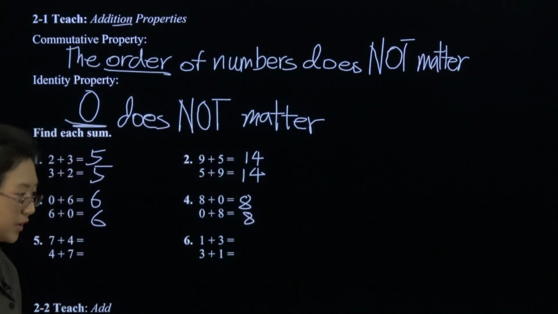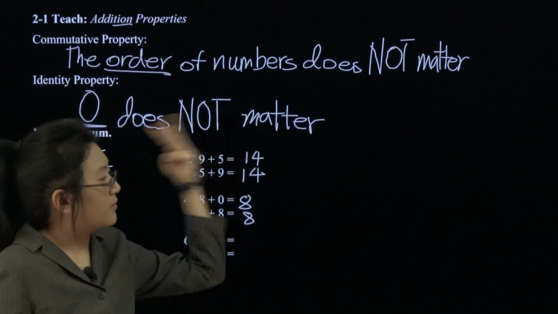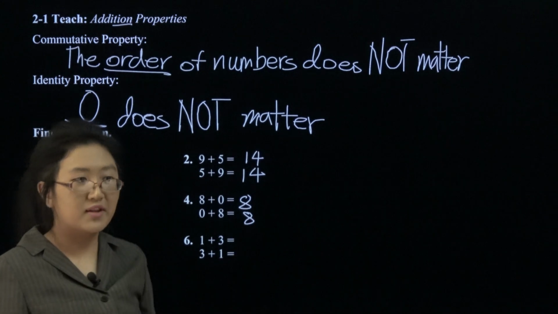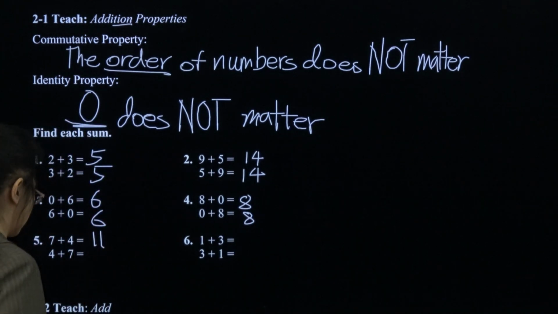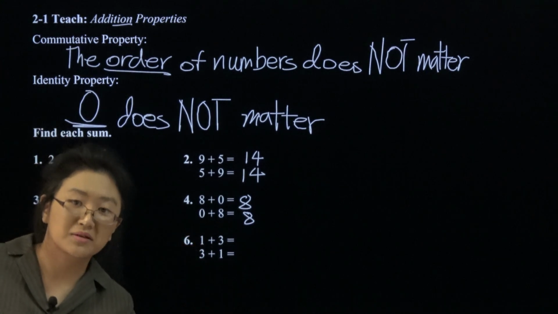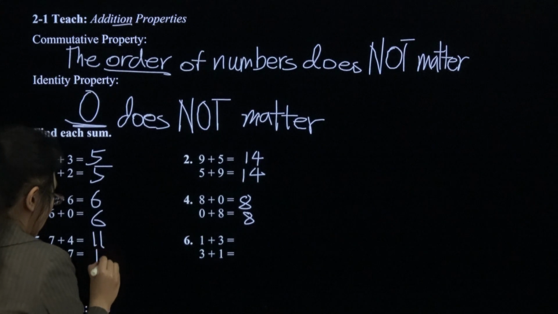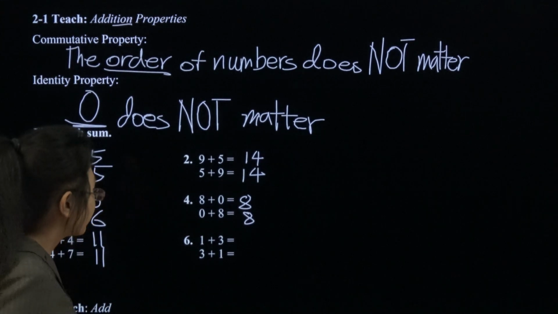7 plus 4, okay, so we start with 7. 8, 9, 10, 11, that's 4 and 7. 7 plus 4 is 11, so 4 plus 7 is also 11. Okay, guys, please remember your single-digit addition.